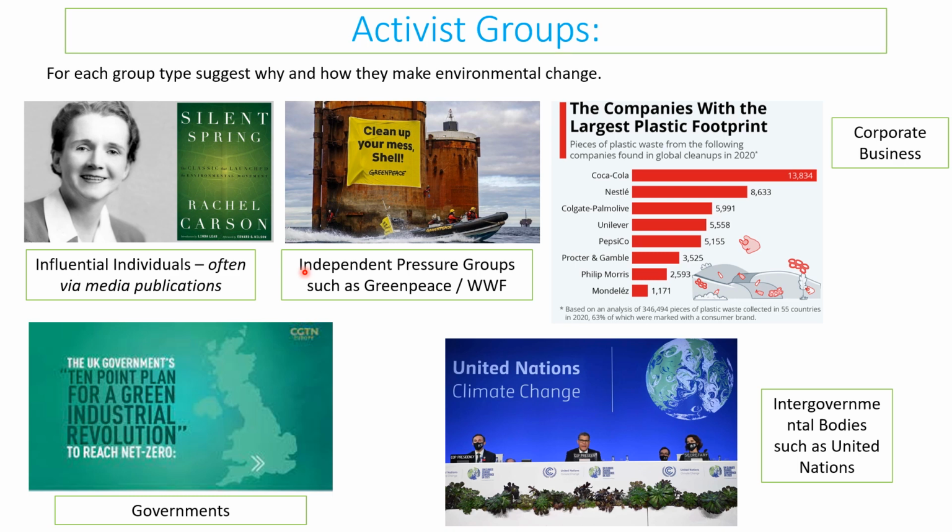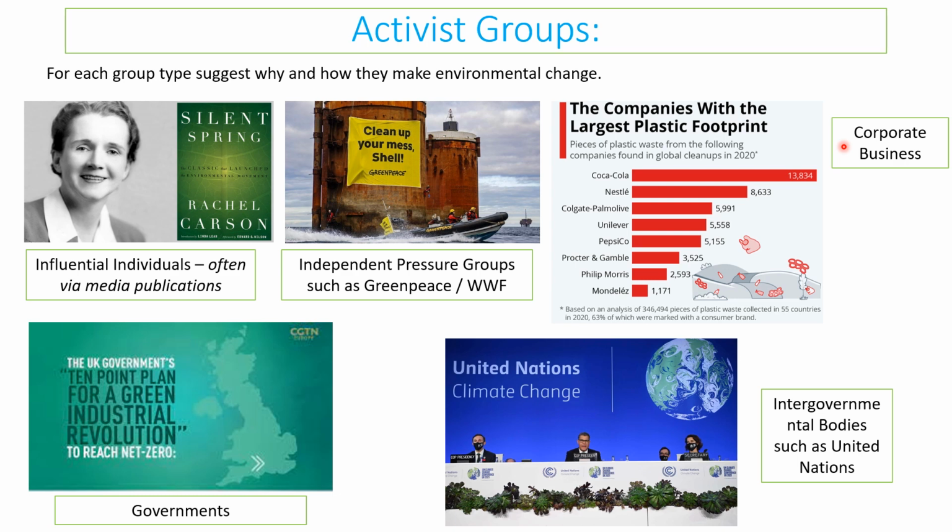Then there are independent pressure groups such as Greenpeace and the WWF. They do environmental change through raising awareness, through raising money to protect areas, to lobbying governments. So they have a high impact on the environment. Corporate business, and you might think this one is a strange one, but corporate businesses have a reputation to keep, and as the world becomes more environmentally aware, corporate businesses have got to step up to be seen as being more green companies.